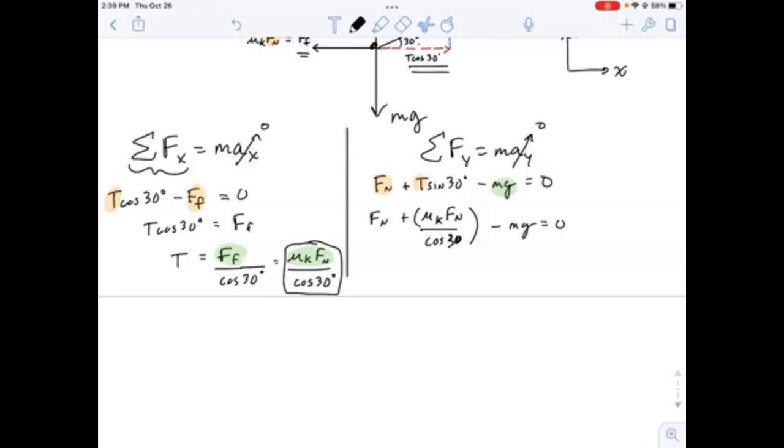So I just replaced T. Oh, I forgot the times sine 30. Now mu k Fn divided by cos 30 times sine 30, all of this I can rearrange, because this is a number, 0.3, this is a number, and this is a number. And m and g I know. So I can solve for Fn.